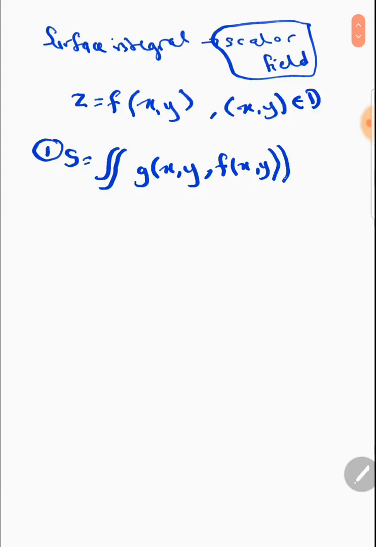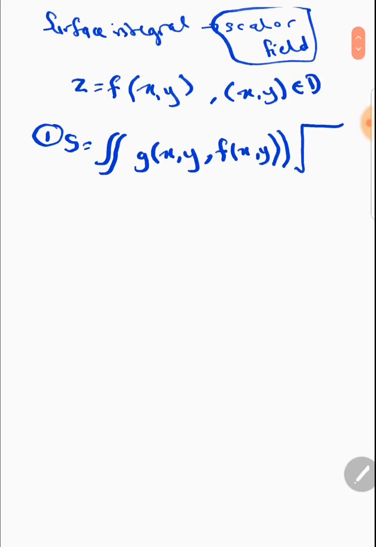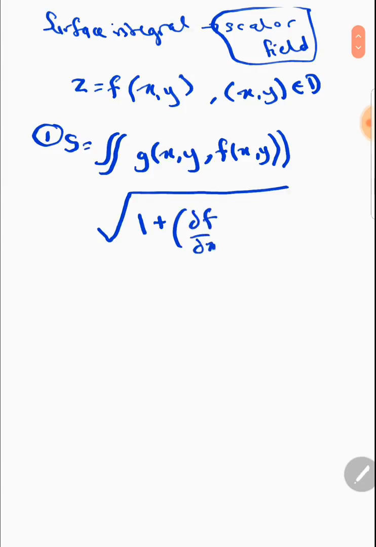Alright, and if you can guess the remaining one, just like what you looked at earlier in the first part, you will see a square root, so my square root will be, again as usual, 1 plus df over dx squared plus df over dy squared, given by, again, dA.